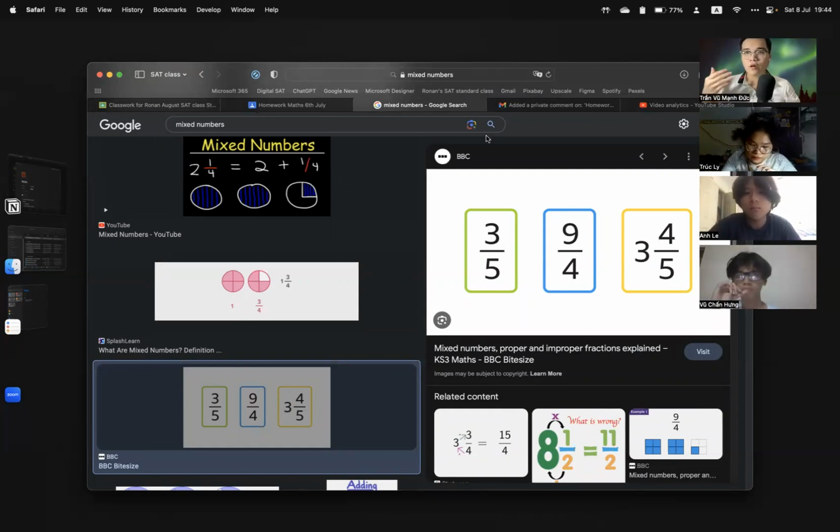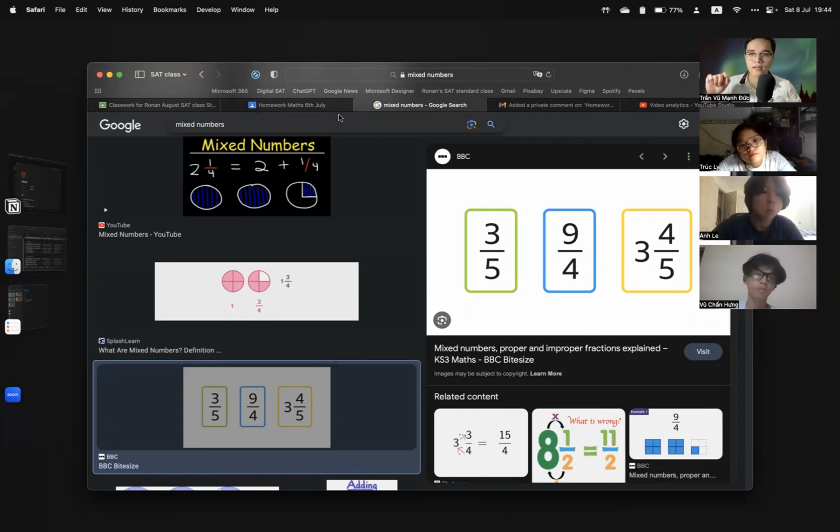So on the SAT, you can't use mixed numbers. Only use fraction and or decimal. They are the only two things you can use, because you can't use square root, you can't use power or any mathematics notation. You can only use fraction and or the decimal point. They are the only two notations that you can use.